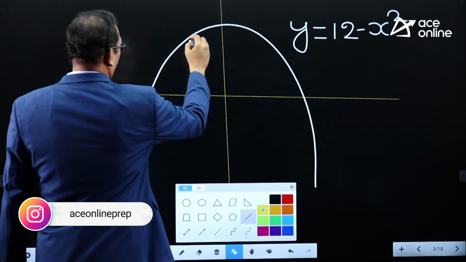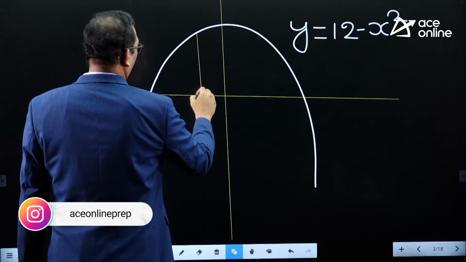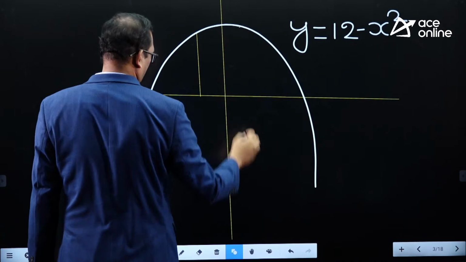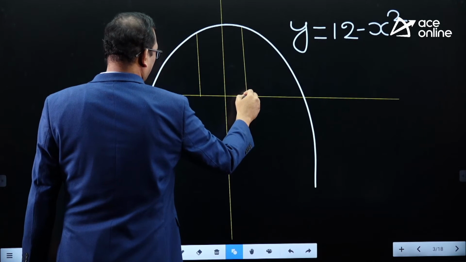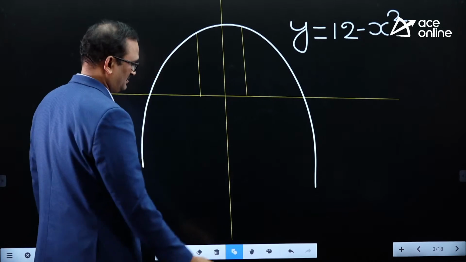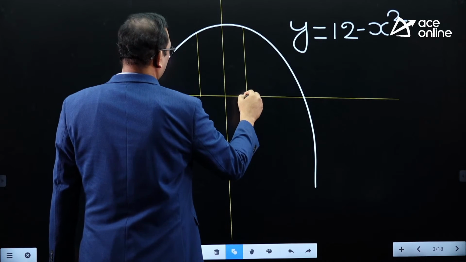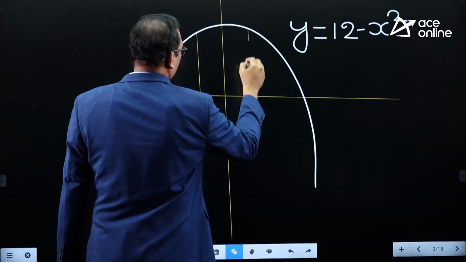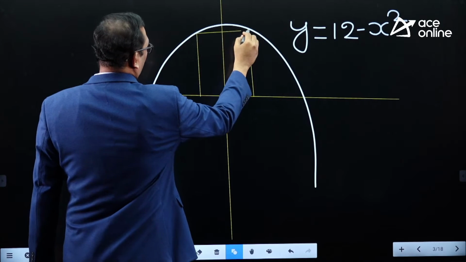Fine. A rectangle, two of its corners on the x-axis and the other two corners on the parabola, means these two.